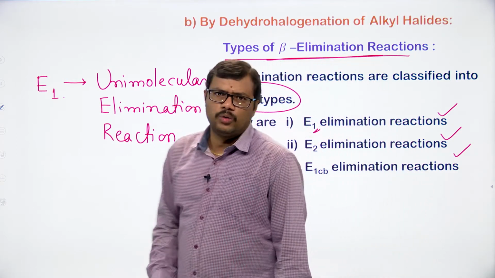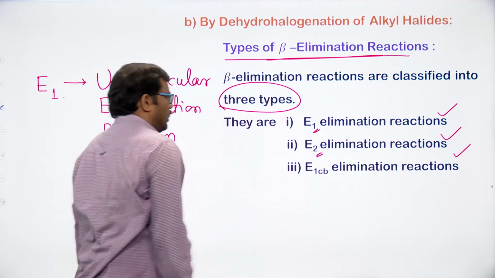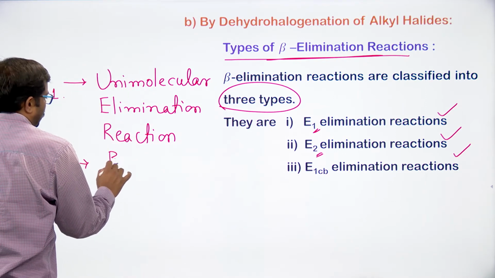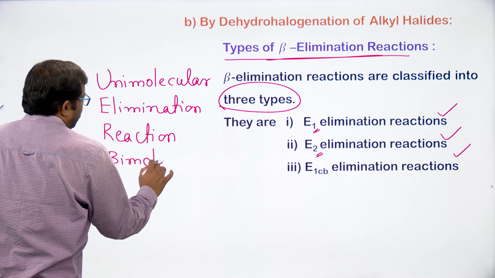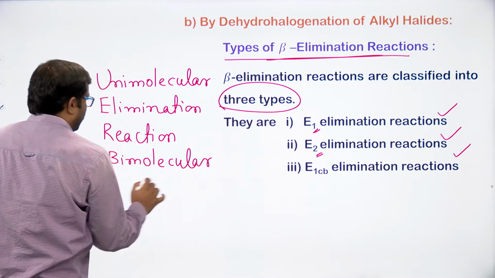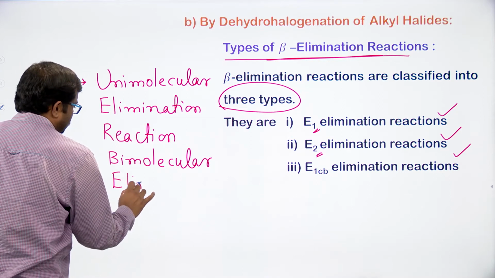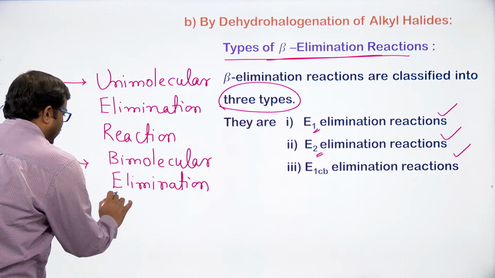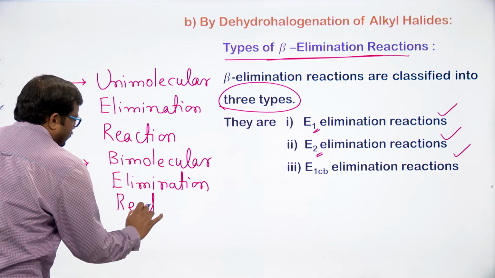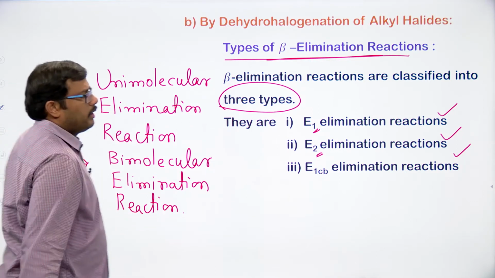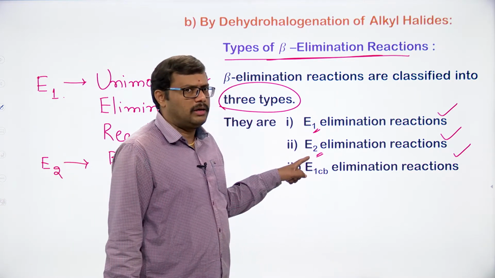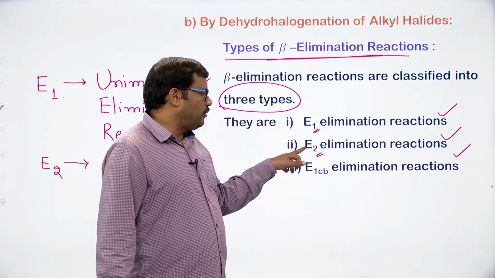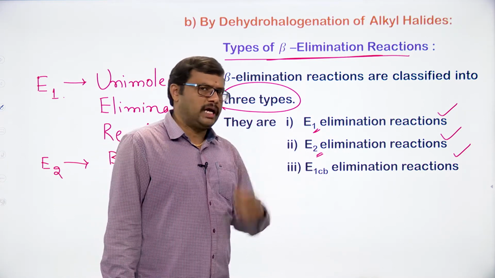Then what is E2? The 2 indicates bimolecular, and capital E indicates elimination. Bimolecular elimination reactions are E2 reactions.